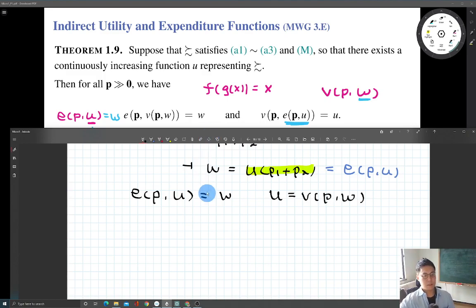So this is what we want to show. And the first observation, by comparing these two, is that the quantity on the left hand side, the expenditure function, must give us a lower number than W. So we have this inequality.